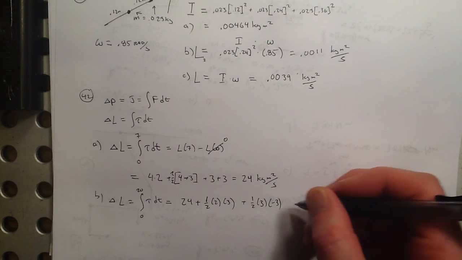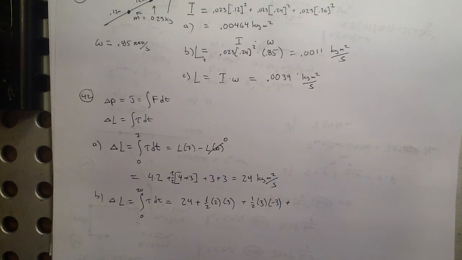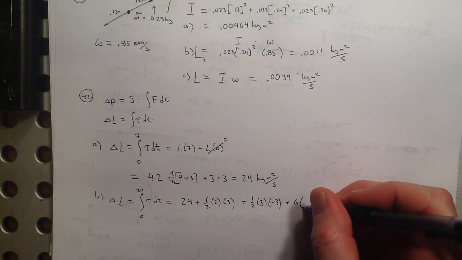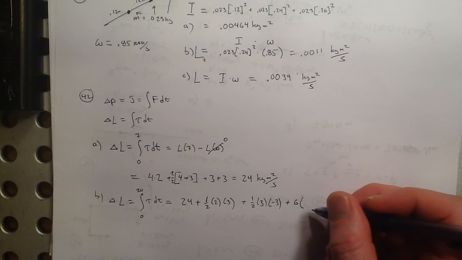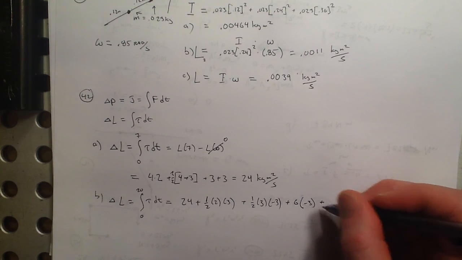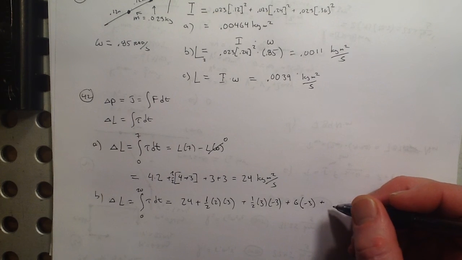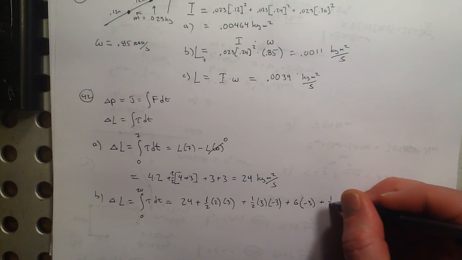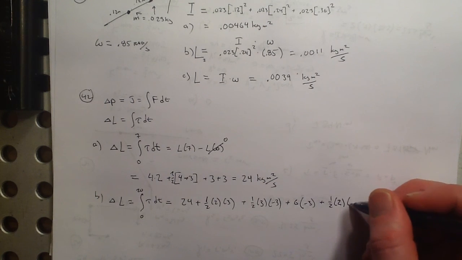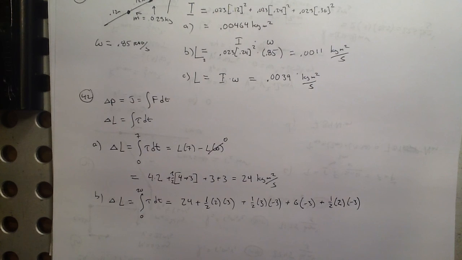Then I got a big old rectangle from 12 to 18, so that's got a base of 6, and its height is -3. And then last I have a triangle with an area of 1/2 base, the time from 18 to 20, and again the height is -3.